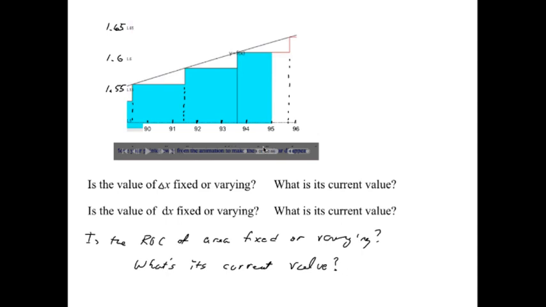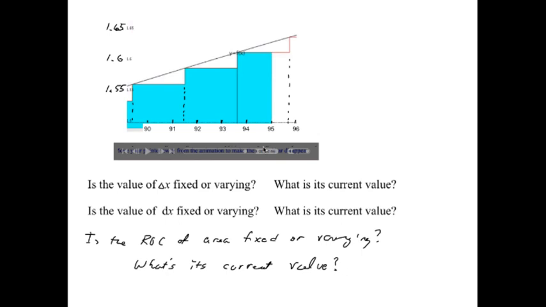So he said dx is varying. Yes, dx varies through these delta x intervals. As the value of x increases, dx varies. Dx varies from what to what? In every interval, dx starts at 0 and varies to 2.2. Then when it gets to the next interval, it starts over at 0 again. So dx is varying, and its current value is 1.3.